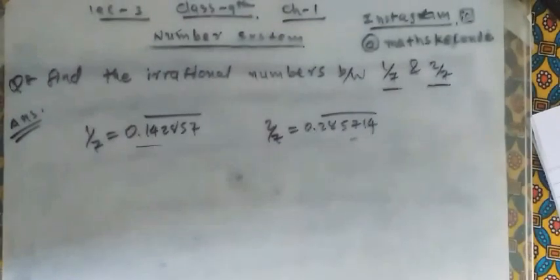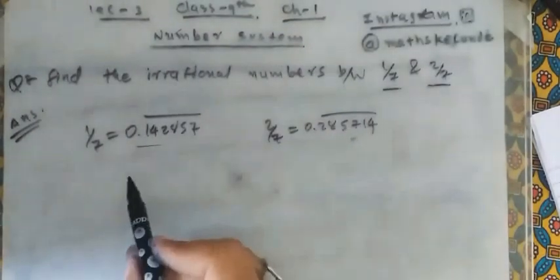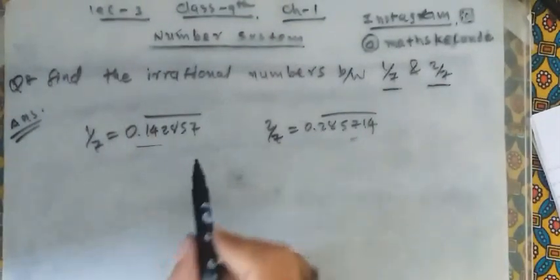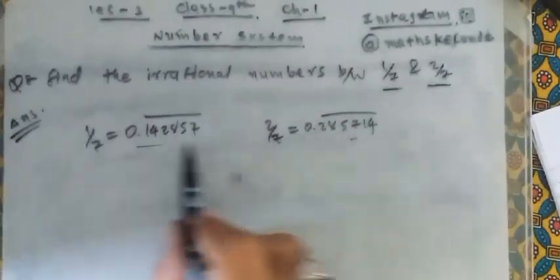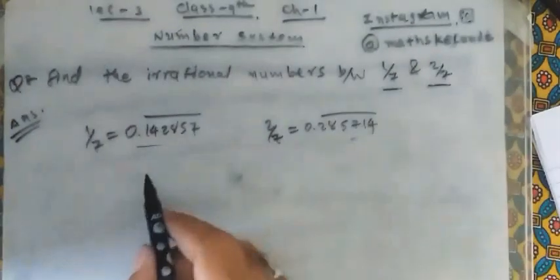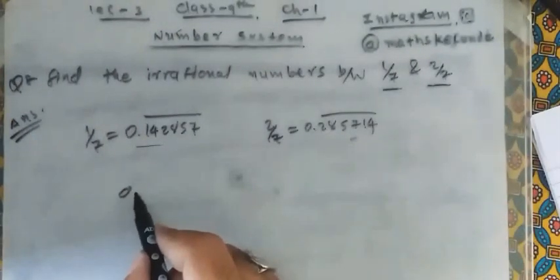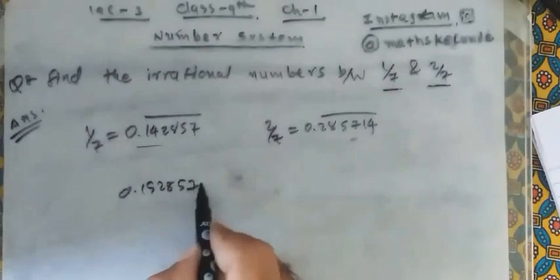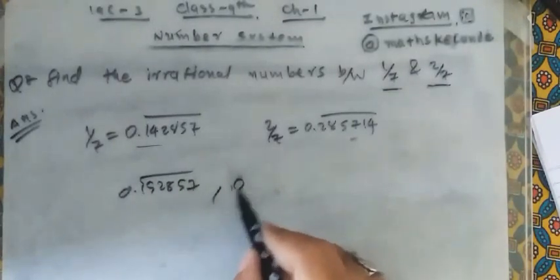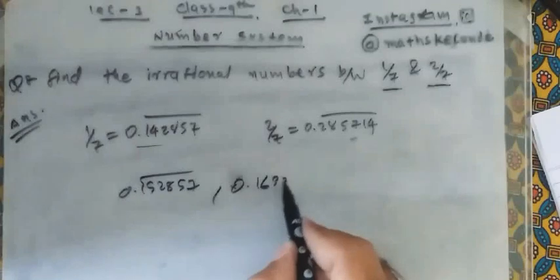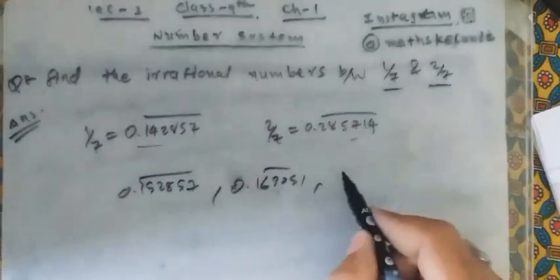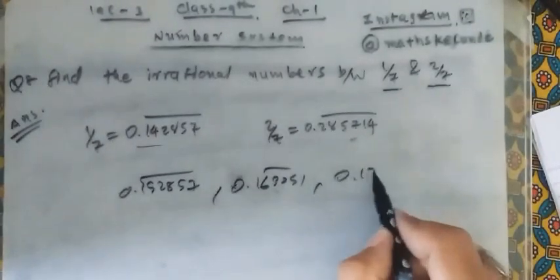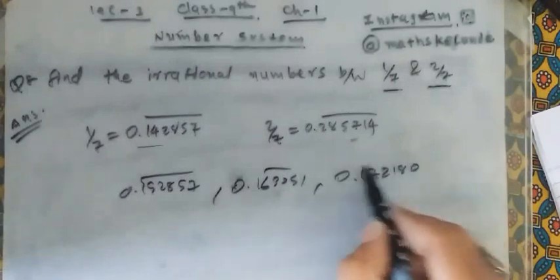Now we can easily find numbers between these two decimal expansions, like 0.152857, another one 0.163051, let me take another 0.172180.